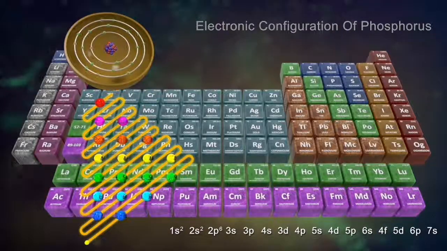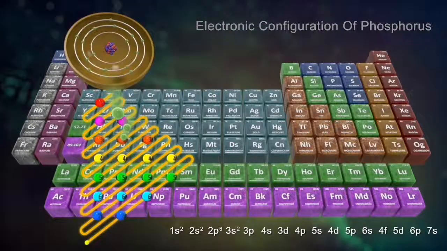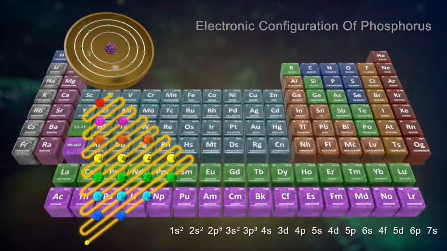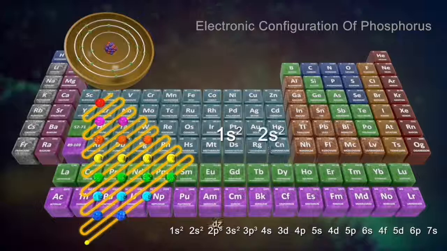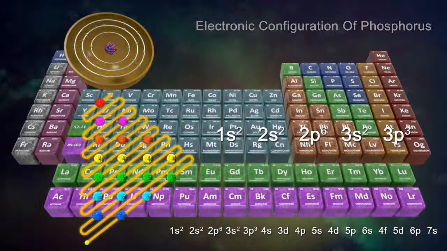Among the last 5 electrons, 2 electrons are filled in 3s sublevel, and 3 electrons are filled in 3p sublevel. Therefore, the electronic configuration of phosphorus is 1s2, 2s2, 2p6, 3s2, 3p3.